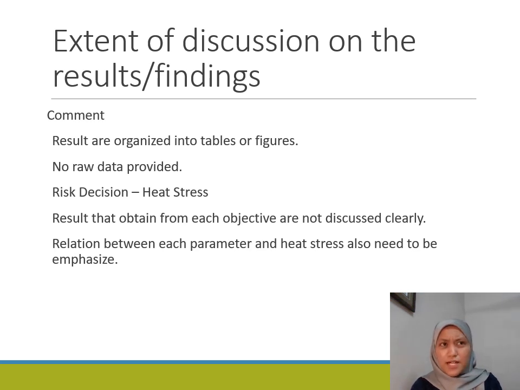For example, they have existing control measures, but those existing control measures are not related with the heat stress that they obtain from the personal and environmental heat measurement. Okay, and then next is the relation between each parameter. Okay, that's already been discussed.